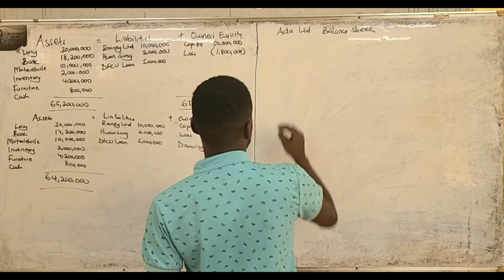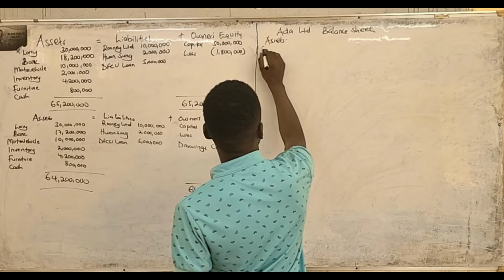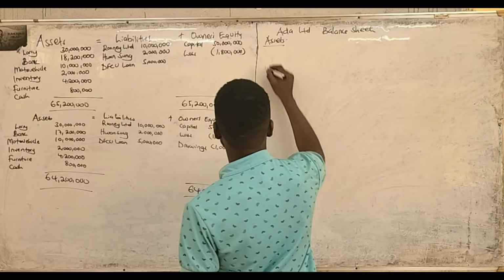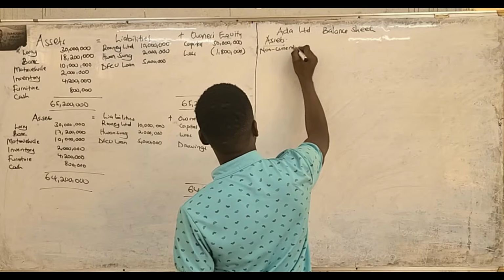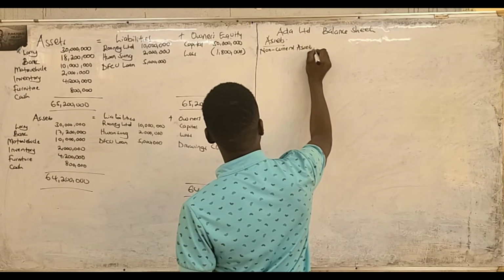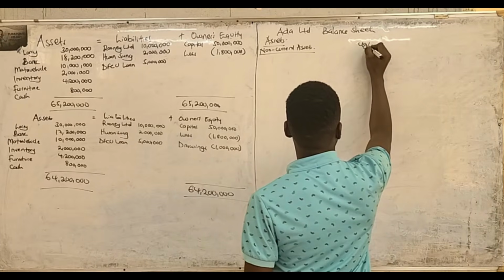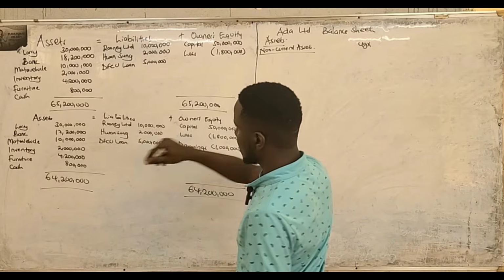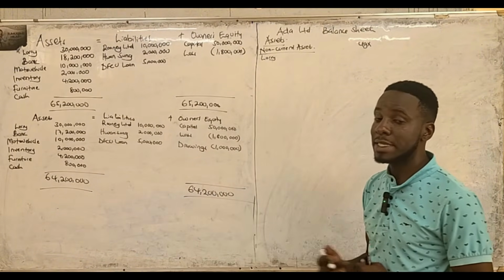Okay. So we shall begin with our assets. Then our assets, remember, we have the non-current assets. Of course, we shall have here our Ugandan shillings currency. So the non-current assets, one, we have a lorry. I hope we all know what non-current assets are.